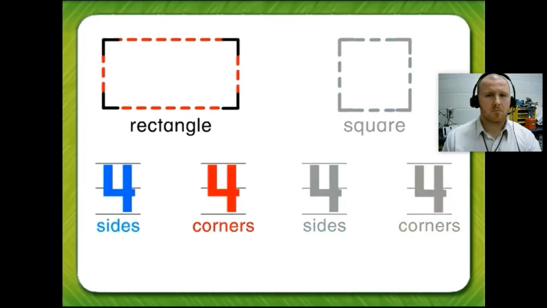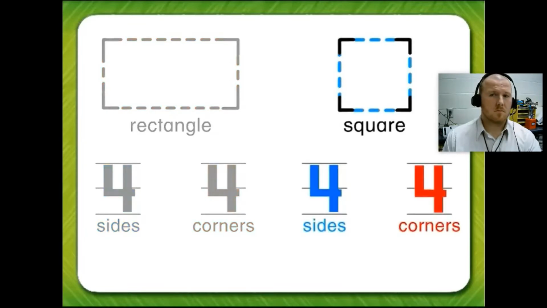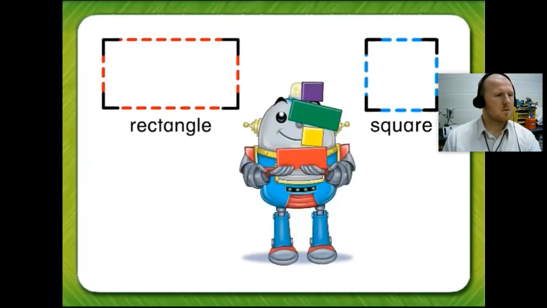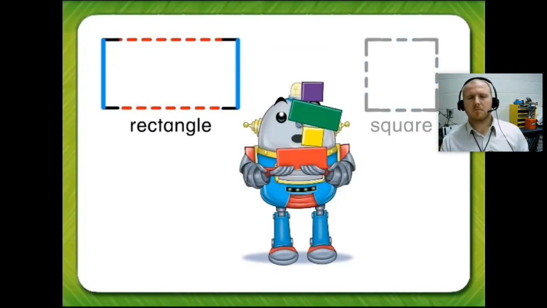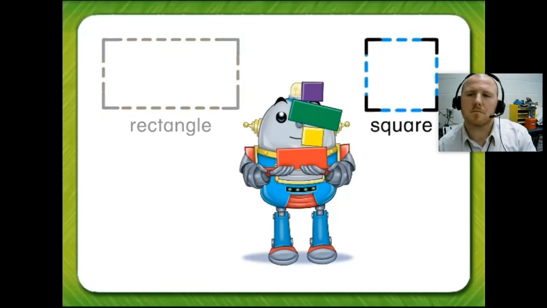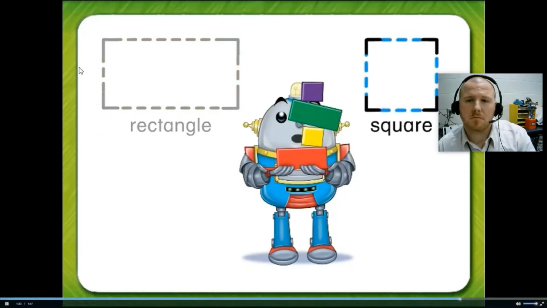So, a rectangle has 4 sides and 4 corners, and a square has 4 sides and 4 corners. I wonder, what is the difference between a rectangle and a square? Look closely at the sides of a rectangle. These 2 sides are longer than these 2 sides. Now, look closely at the sides of a square.